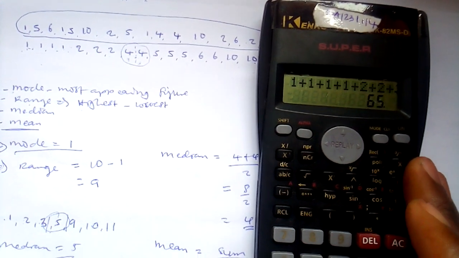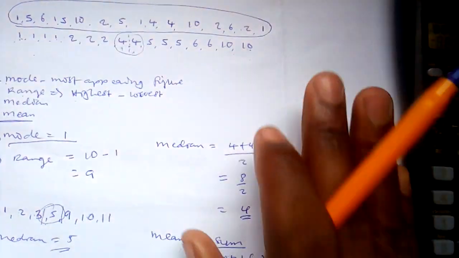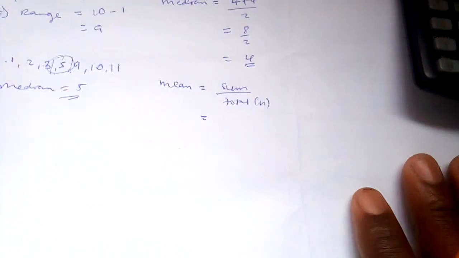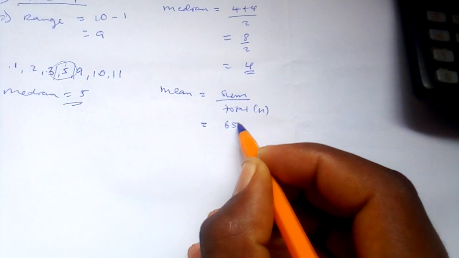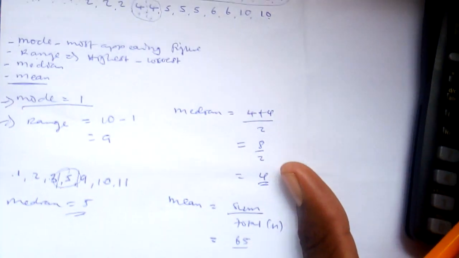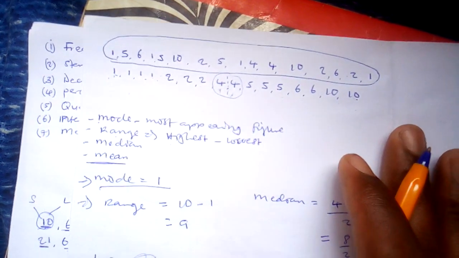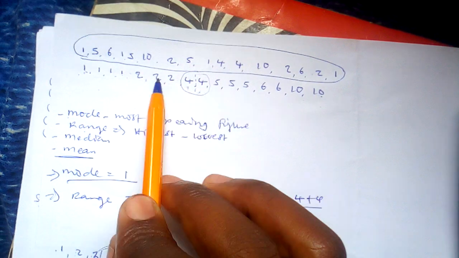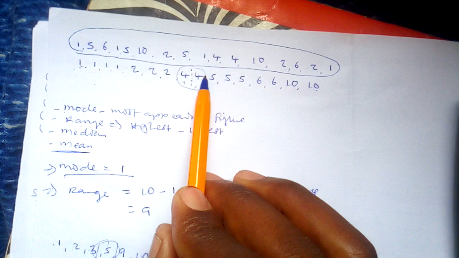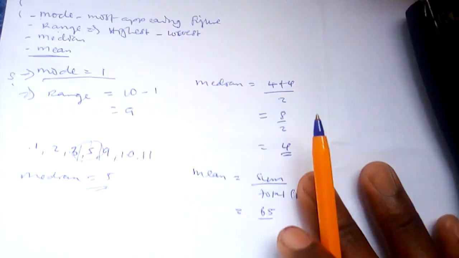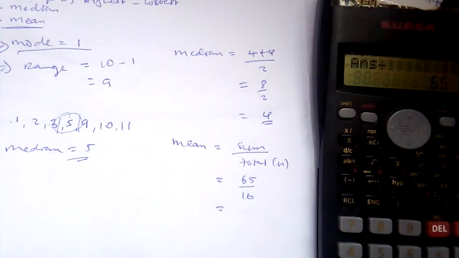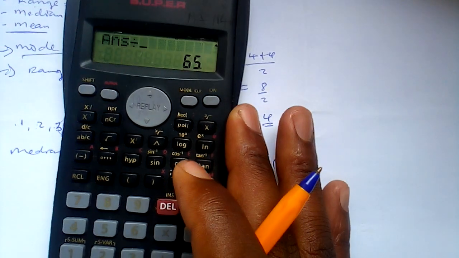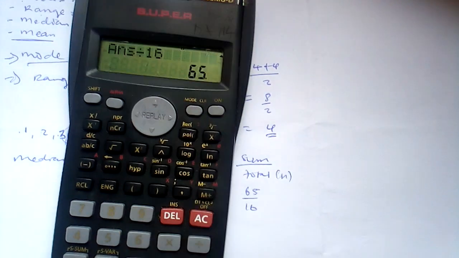So this is the sum of the digits that were given. So what we do is we put our 65 here, divided by the total number, which is how many figures there are. So you count them: 1, 2, 3, 4, 5, 6, 7, 8, 9, 10, 11, 12, 13, 14, 15, 16. So there are 16. So you put 16 here, then you divide 65 by 16.